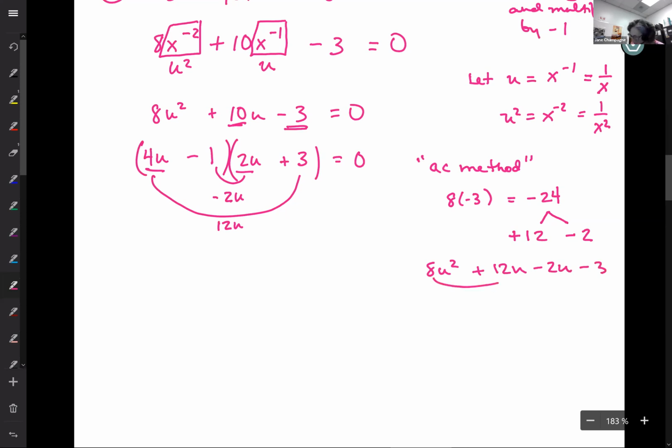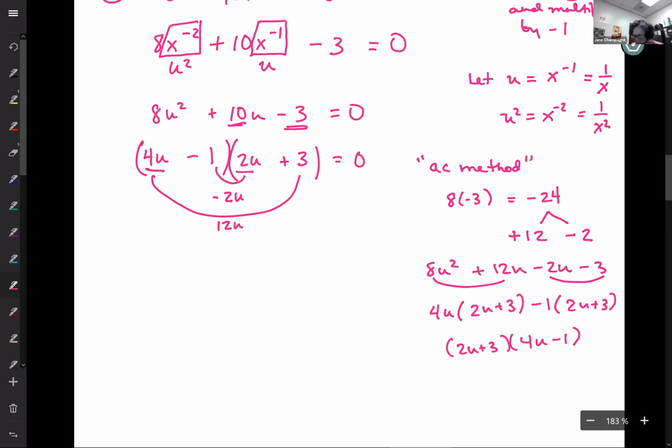So then this factors by grouping. You can factor out 4u, and you're left with 2u plus 3. Here you can factor out -1, you're left with 2u plus 3. And so then you factor out 2u plus 3, and you're left with 4u minus 1.